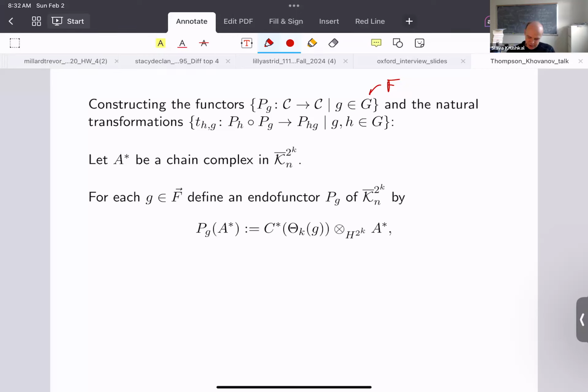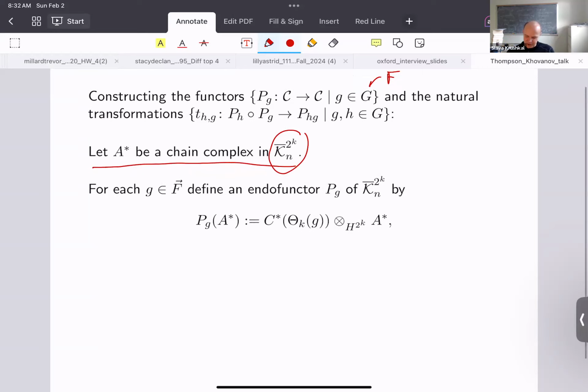Well, okay, we're going to start with a chain complex, which is denoted A star in this definition. So it's a chain complex with n points on the bottom and then 2 to the k points on the top. So this is a chain complex of geometric bimodules in this category.